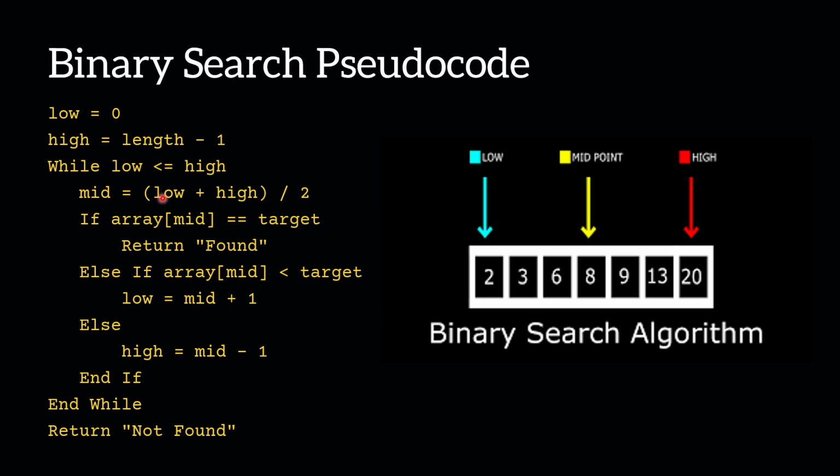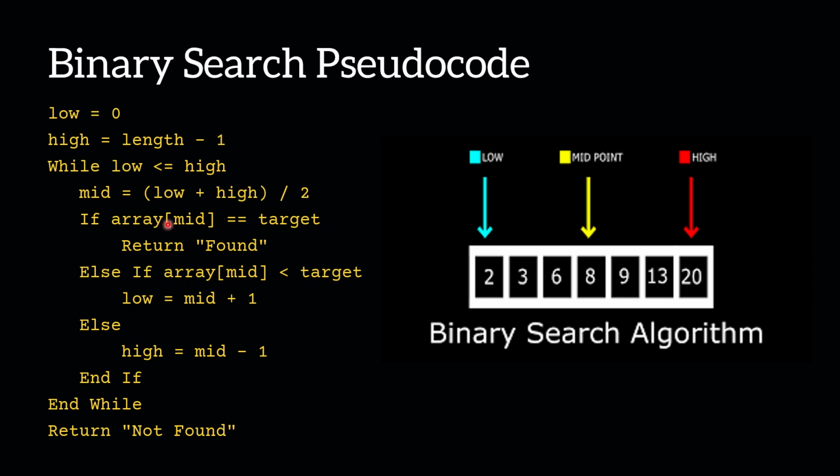The next step, while low is less than or equal to high: this loop continues as long as there's something to search, meaning that your starting index hasn't gone past the ending index. If low becomes greater than high, then it means that you've looked everywhere and the value isn't in the list.